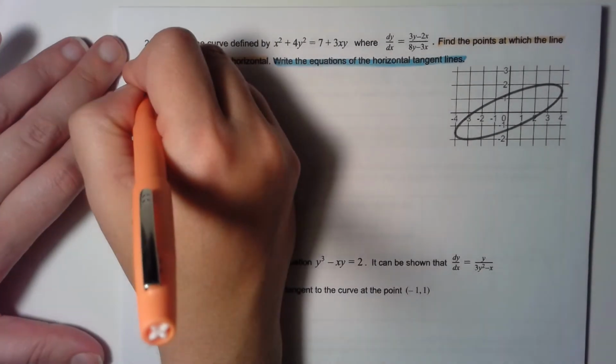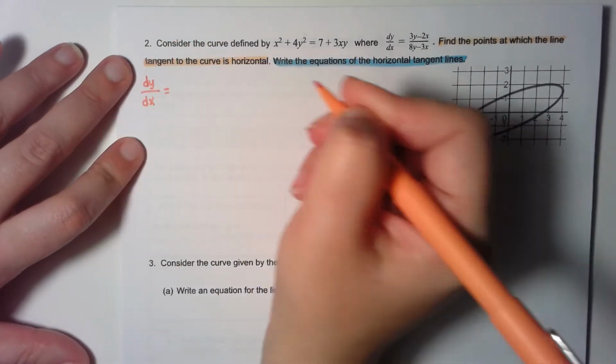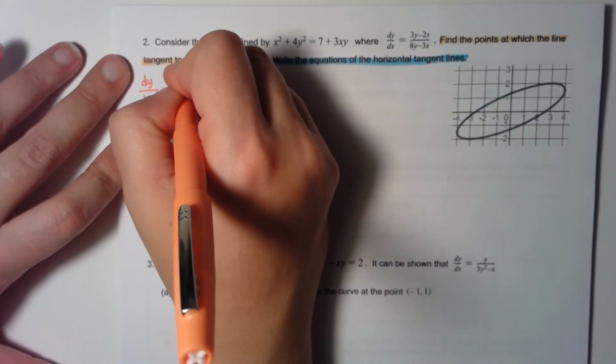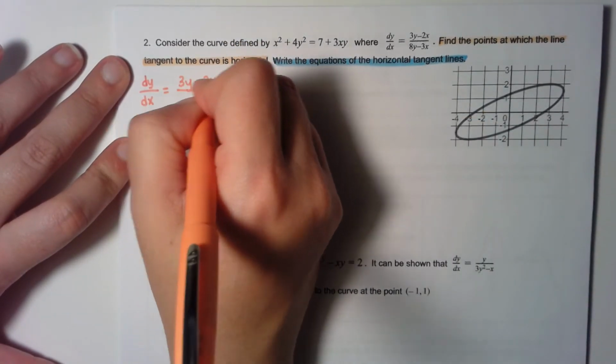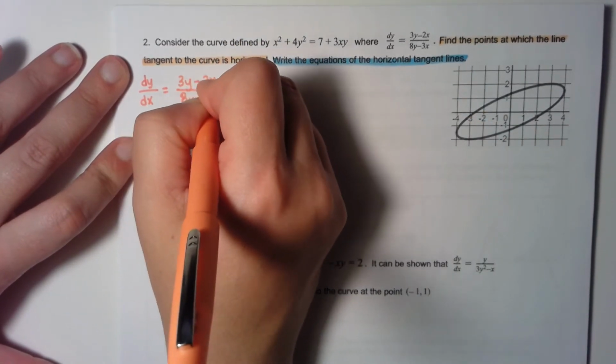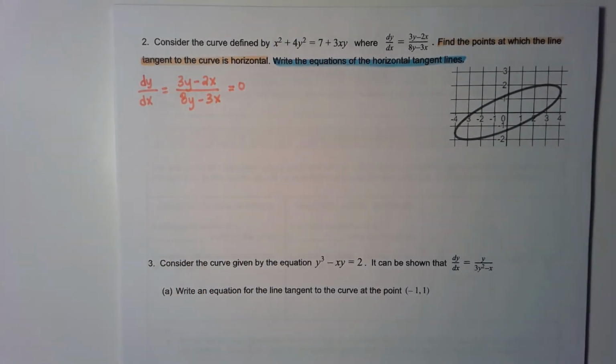Tangent lines are going to be horizontal when the derivative, which we know is dy over dx equals 3y minus 2x over 8y minus 3x, is equal to 0. Now, this fraction is going to be equal to 0 when the numerator is equal to 0, not the denominator.